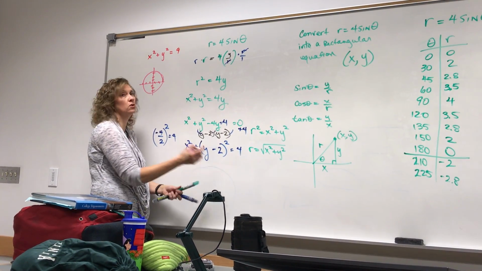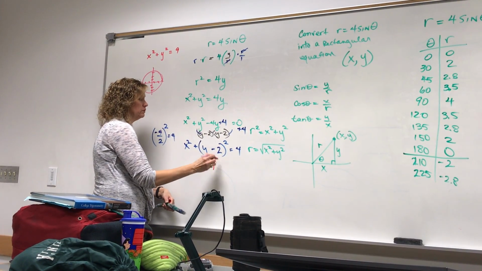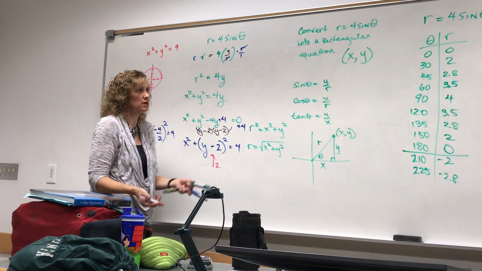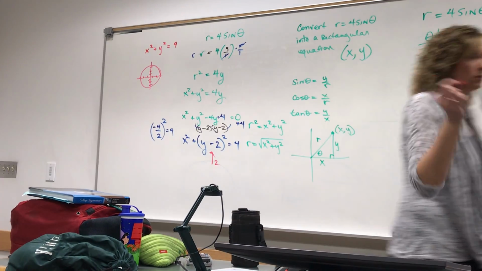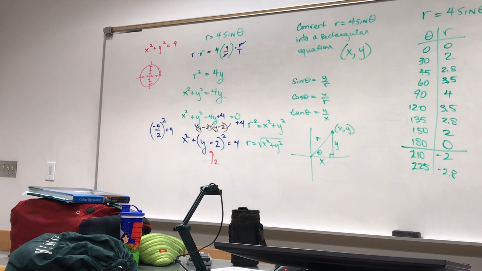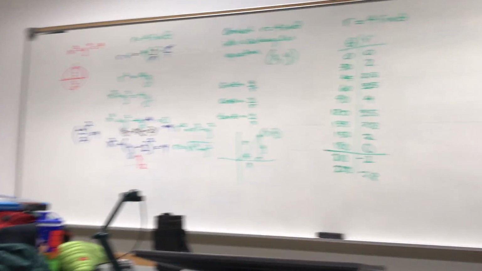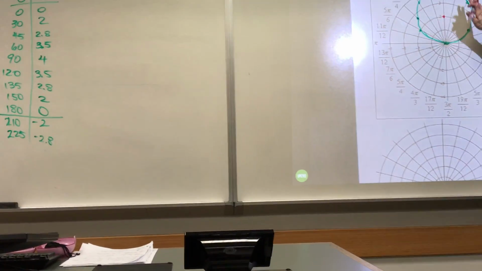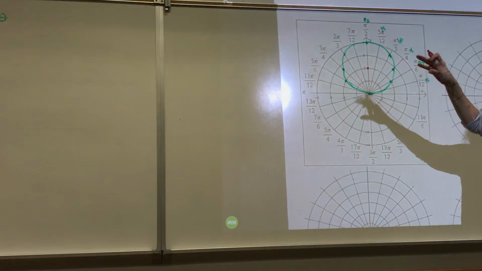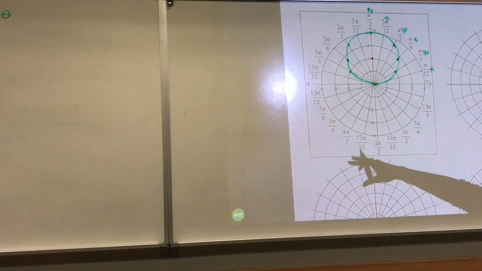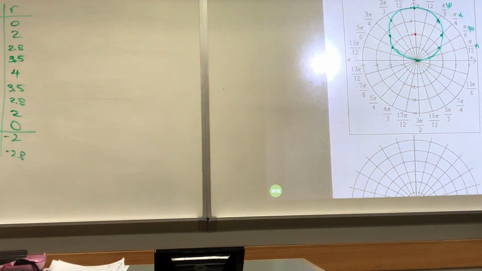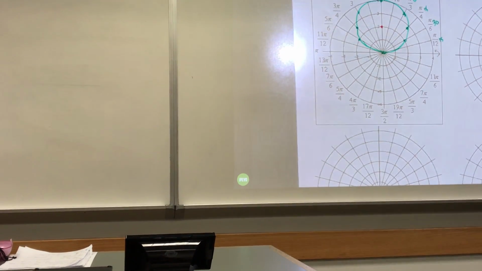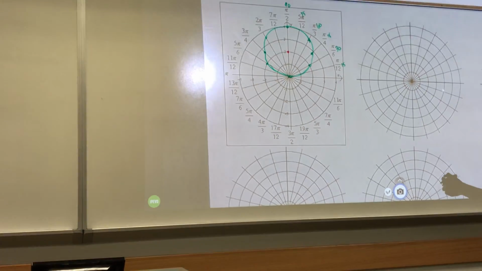Down? Oh, this is where we've got to be careful. We actually go up 2, and it has a radius of 2. So if we put our center here, we can see that our center shifted up 2. We have a radius of 2. In terms of why it changed sign over there, we'll deal with that much more at the beginning of chapter 6, which is the last unit.